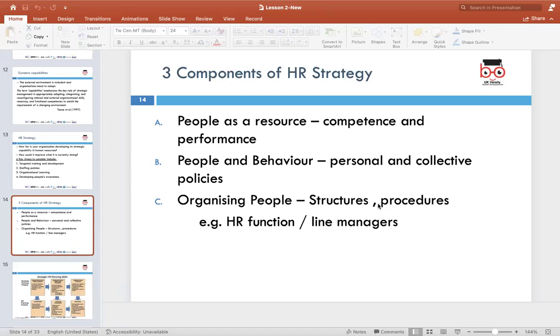Then they say people and behavior, wherein they see how an associate behaves in a stressful situation, in a personal situation, and how they implement that towards their work as well. And then the end, it talks about organizing people in terms of giving them a proper structure, giving them the hierarchy they need to follow.